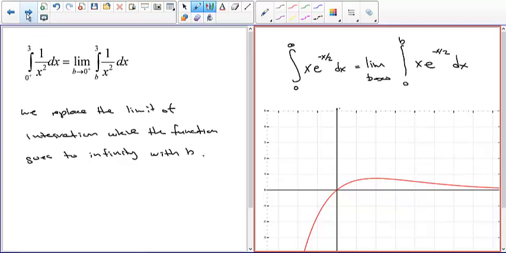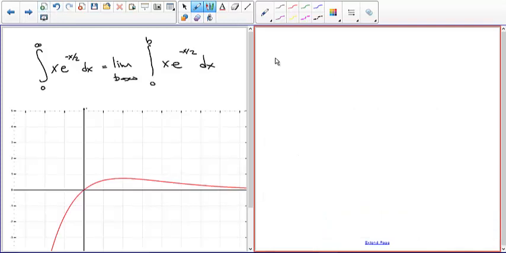So because we have one of the limits infinity, we replace that limit to infinity with b and take the limit as b goes to infinity. To solve this problem, anybody know what technique we would use from chapter 8? So what have we learned?